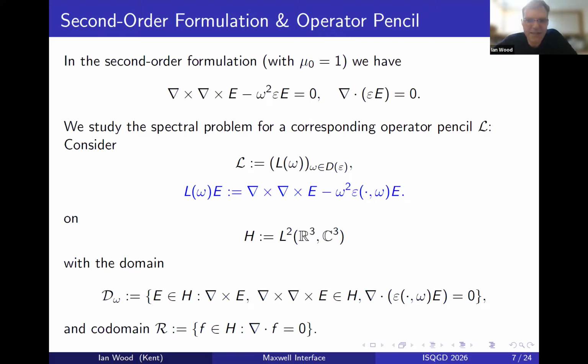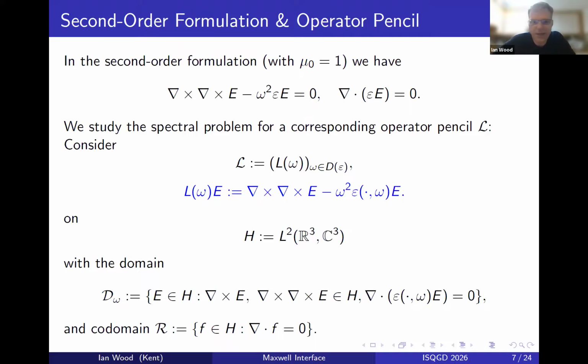All right, the underlying space is L2 of R3 with values in C3 here. And the domain that we look at is the functions in this L2 space, such that curl and the curl again lie in the L2 space. And we have the divergence condition epsilon times E is 0.